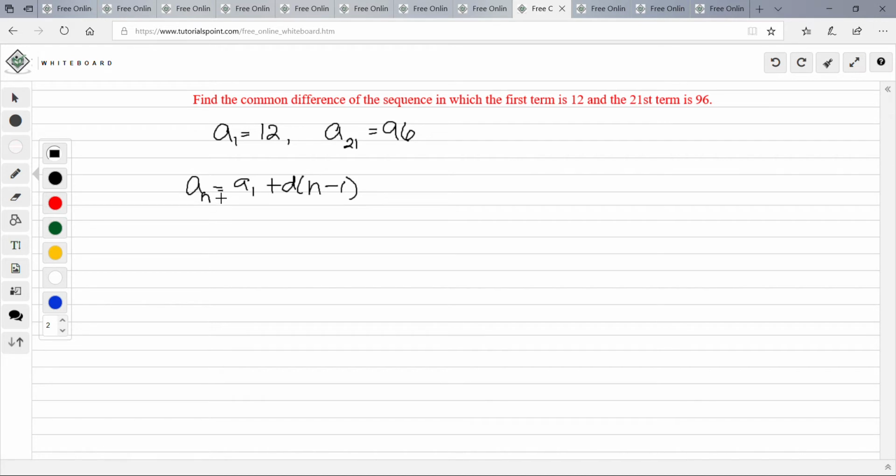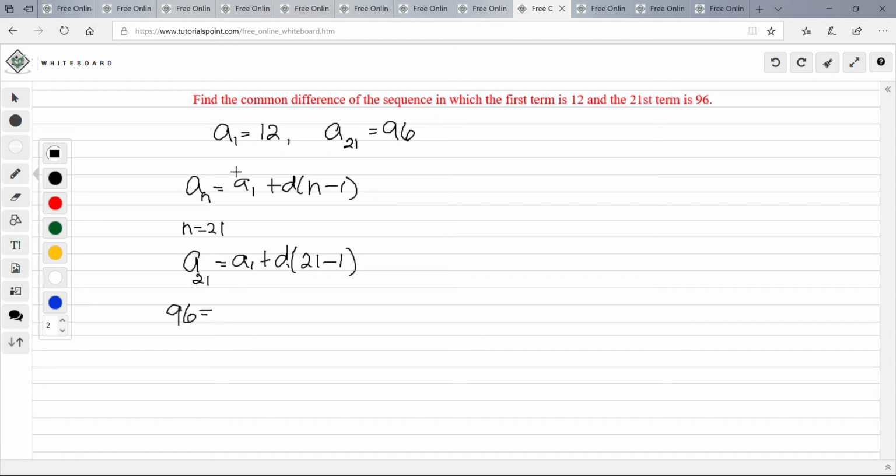Okay, and then for the n number, let's plug in 21. So let's do n equals 21. So a sub 21 is the first term plus, our goal is to find the difference, right? So difference, and then 21 minus 1. So we know the 21st term is 96.